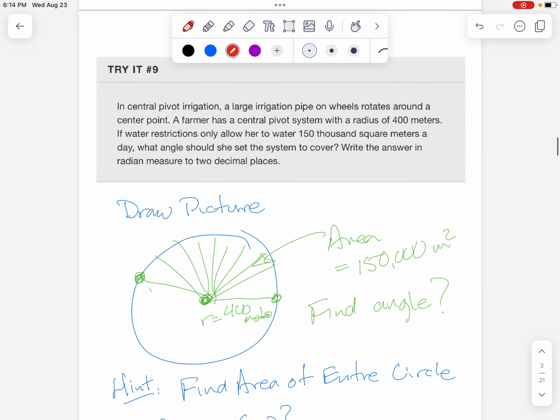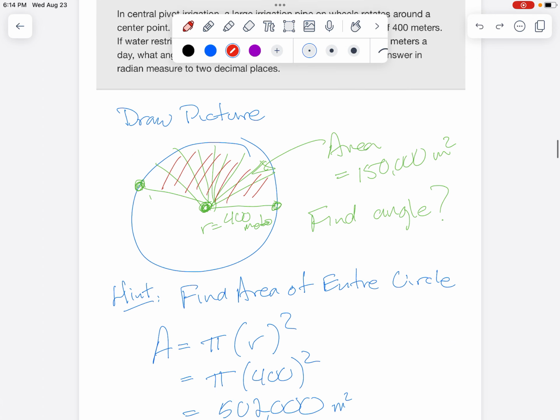A third example is the irrigation problem, where the irrigation system on this farm sprays out in an arc a distance of 400 meters, and so it fills in what's called a sector of a circle, a slice of the circle. And so if you're supposed to have the area of that slice be 150,000 square meters, what's the angle?